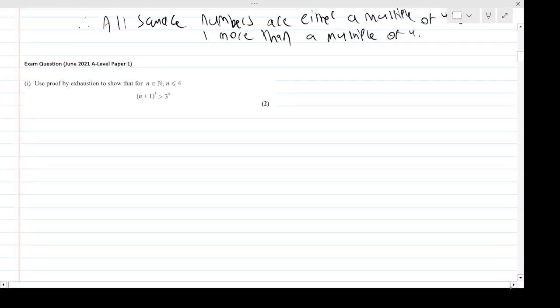Okay, this one then says use proof by exhaustion to show that for all n that is in this big N. Now what does that mean, that N here? A brief reminder, we looked at it in the functions chapter, really early on in the course. This little weird N symbol means the natural numbers.